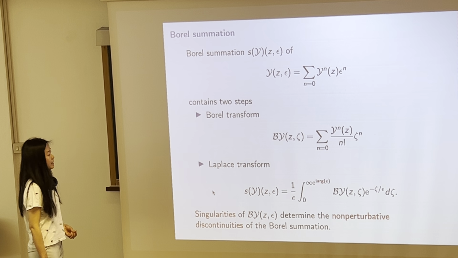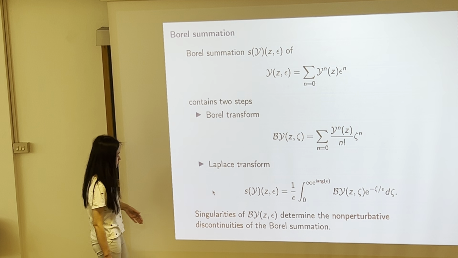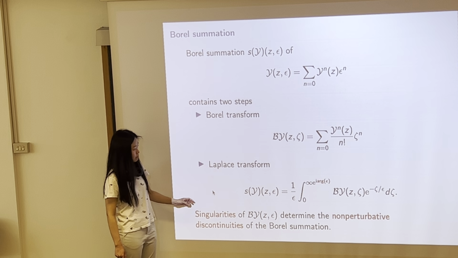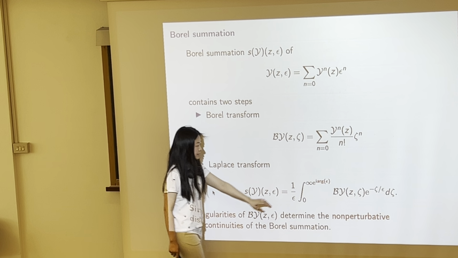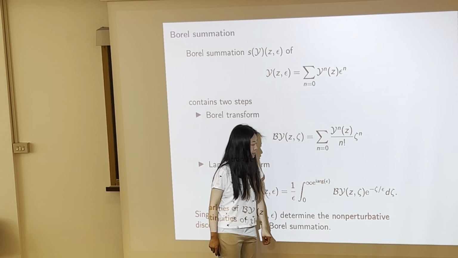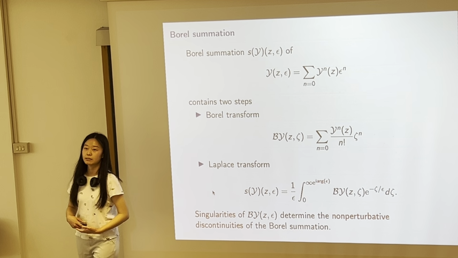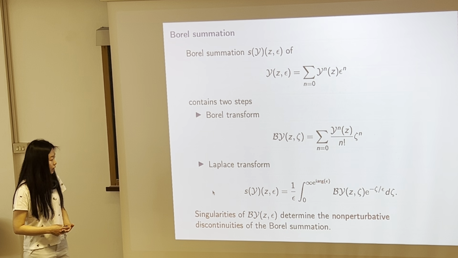However, we can still study some lateral Borel summation, which I will mention later, where we vary this integral contour a little bit, and then such singularities will cause some discontinuities of the Borel summation.